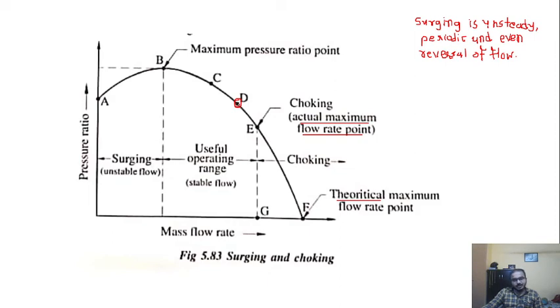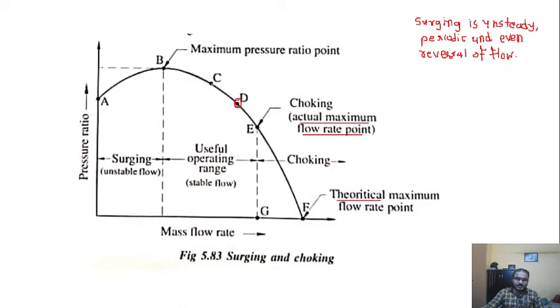and here we are reducing the mass flow rate through the delivery valve or discharge valve. So suppose we are partially closing this delivery valve or discharge valve, then the mass flow rate will reduce, and with reduction in the mass flow rate, the pressure ratio delivered by the compressor increases.